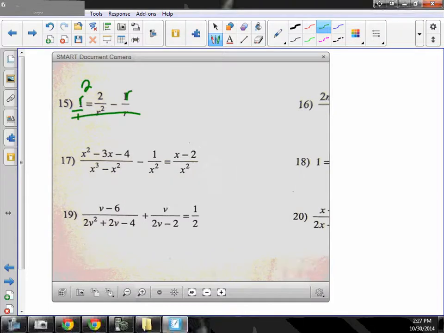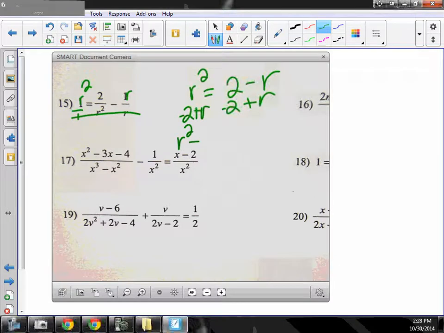Cross off the denominators, and I get r squared equals 2 minus r. That r squared should tell me I'm going to have two solutions, which means I probably want to factor, so I need to move everything to the left side. So I would subtract 2 and add r.